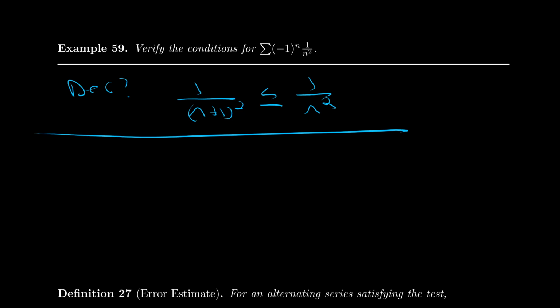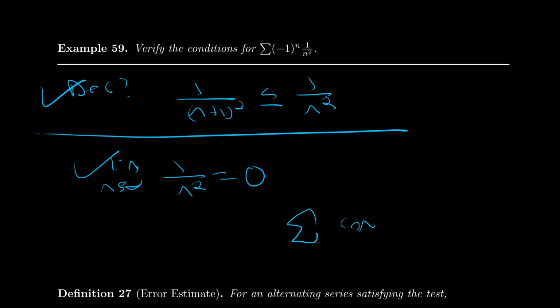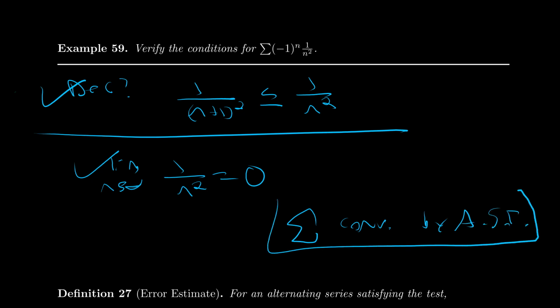Well, clearly the limit as n goes to infinity of 1 over n squared is 0. Clearly they're both good, and so the series converges by the alternating series test. Of course, this is just an alternator strapped to a geometric series.